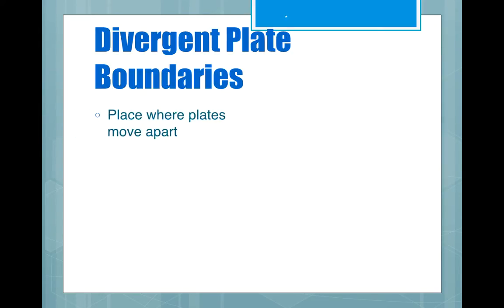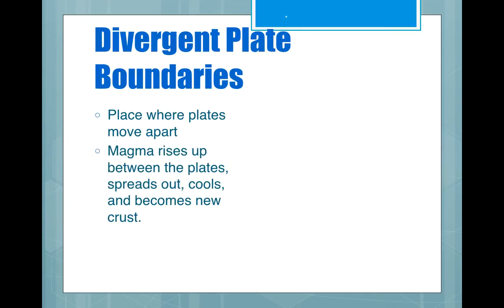These are where plates move away from each other. When plates move away from each other, you would think that you would get this big gully where there's nothing there. But we can't have that. So what happens is magma rises up between the plates, spreads out, cools, and becomes new crust. So at divergent plate boundaries, we are getting new crust.